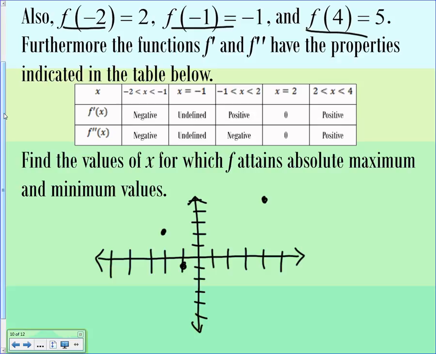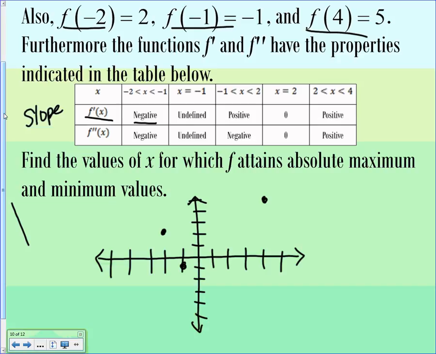Now we want to look at the derivative and the second derivative. Well, on the interval from -2 to -1, the first derivative is negative. That means the slope is negative. So that means that it's going down from one point to the other, which if you look, going from this top point, you have to go down to get to that bottom one.